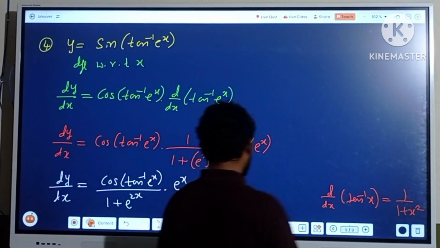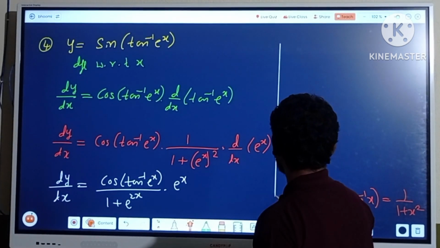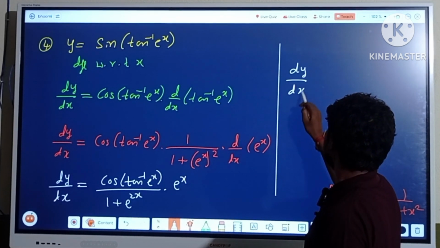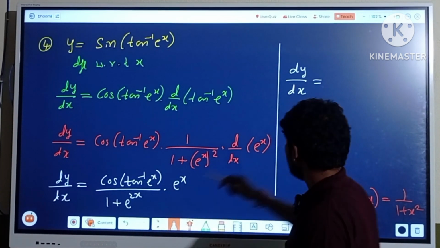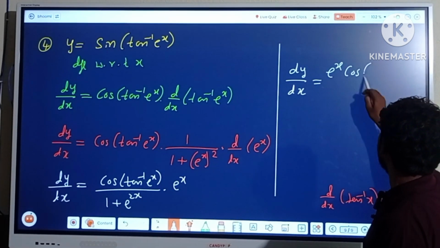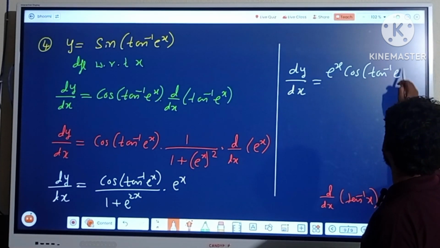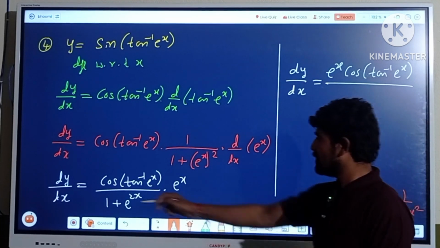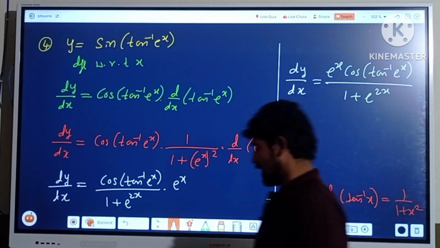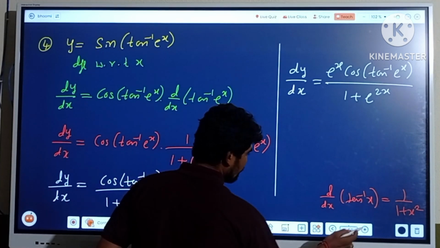So finally required dy by dx is equal to e power x into cos of tan inverse e power x, divided by 1 plus e power 2x. I hope all of you are understanding.